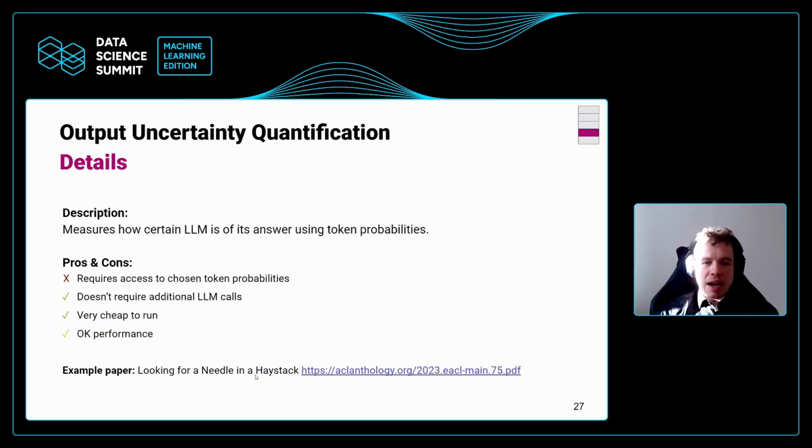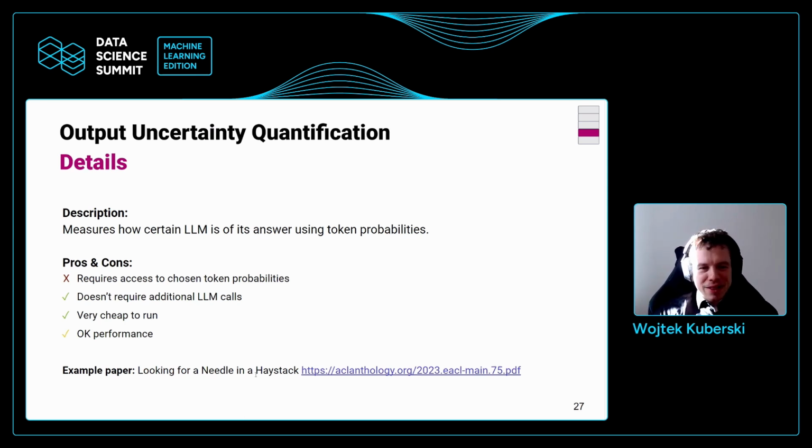Yes, we require access to chosen token probabilities. So for each token that we actually have in the answer, we require access to that one. So we cannot use this algorithm, for example, for ChatGPT. The good thing is that it is really cheap to run and it's very easy to implement. It doesn't require additional LLM calls and can be basically implemented in like a 5-cell Jupyter notebook.